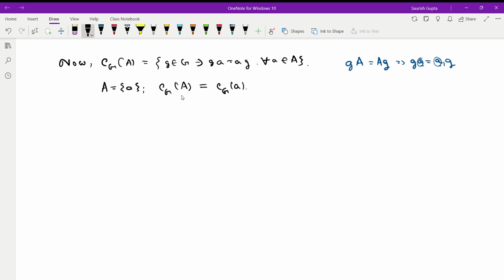Now we come to a very important result, or you can also think of it as a very important observation, which I will state as a theorem.